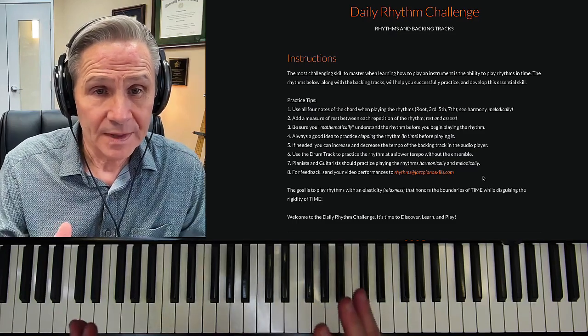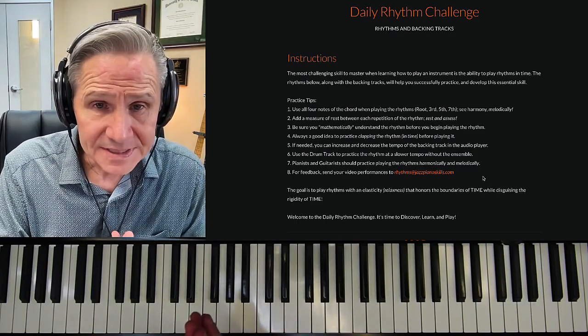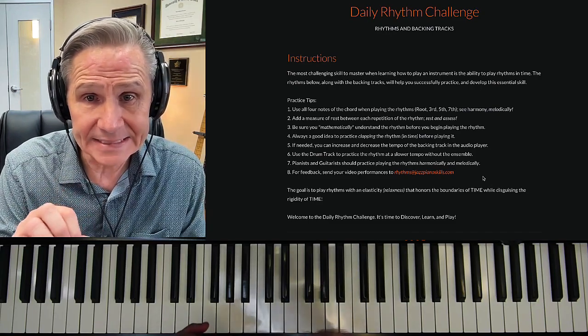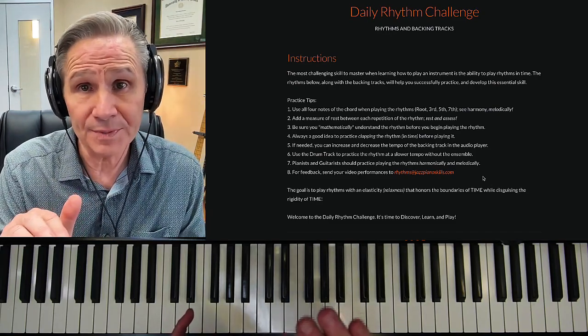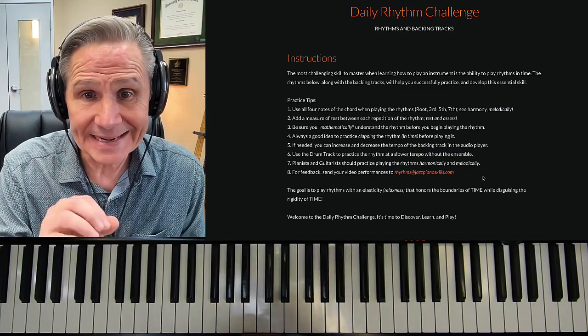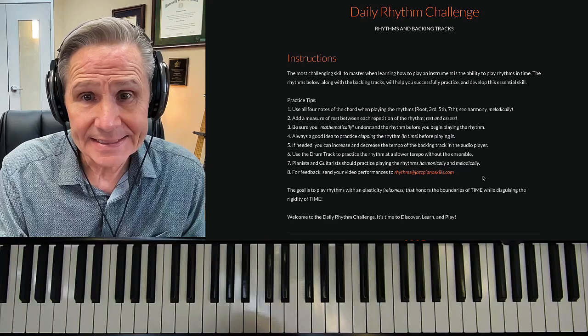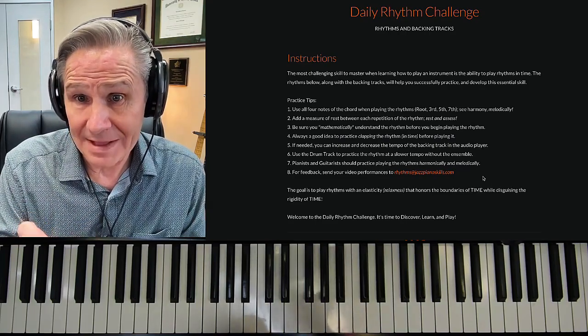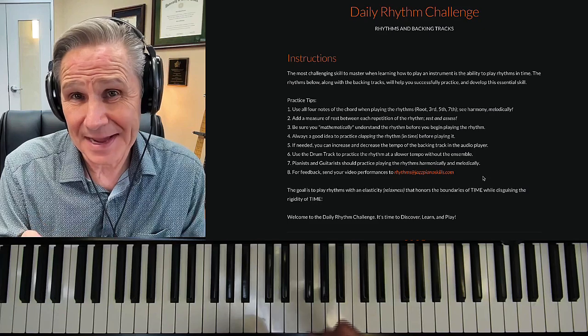So the goal is to play rhythms, right, with this elasticity, this relaxedness. That's why you don't want to count rhythms when you're trying to play them. You feel them, right? So the goal is to play rhythms with an elasticity, a relaxedness that honors the boundaries of time while disguising the rigidity of time.